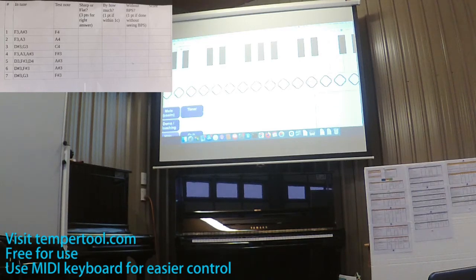How wrong is it? Two cents. That's measuring the fifth at the 6/4 conflicting partial, right?